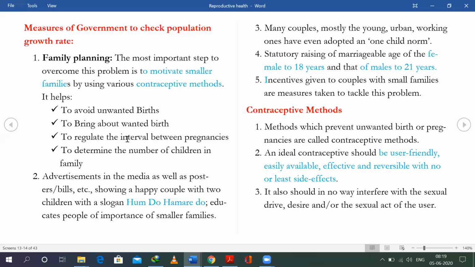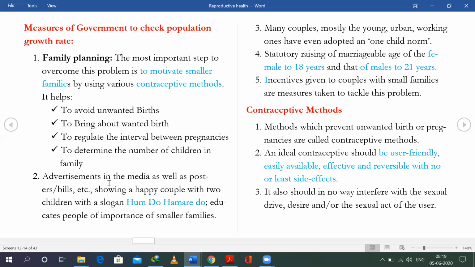Yes, all those options are wonderful options for the family to have a better awareness about the required family size. Okay, so this is about the family planning program. So that is there, with the help of the contraceptive methods.